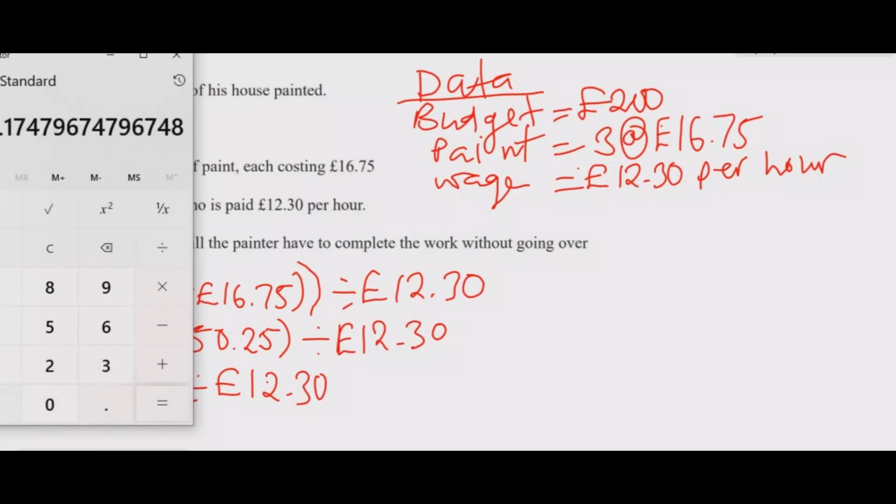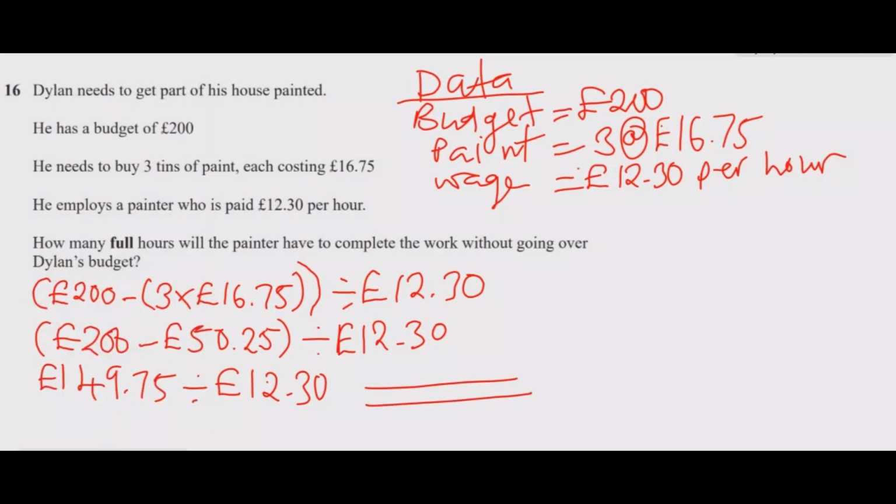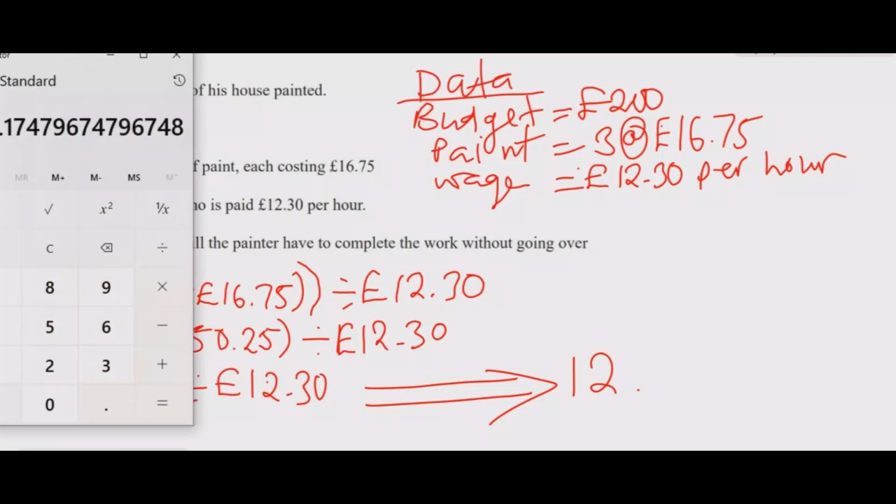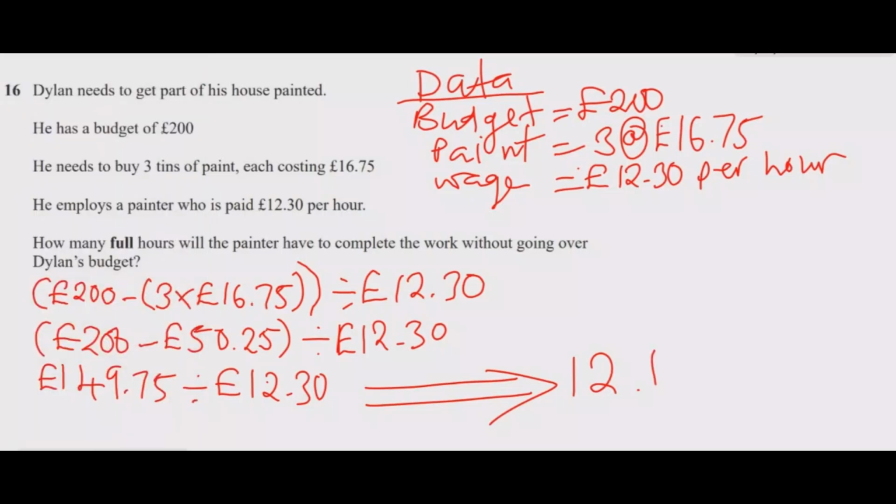The answer we'll get is 12 point... let me check again. 12 point, so I'll just round it to 12.17. As you can see, this is just a fraction of an hour. These are complete 12 hours.